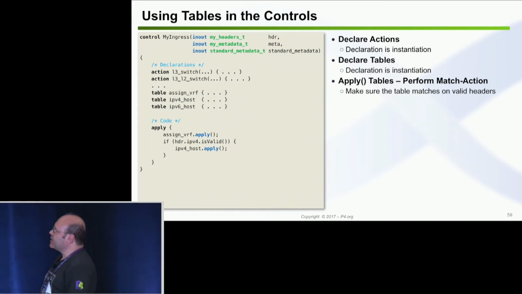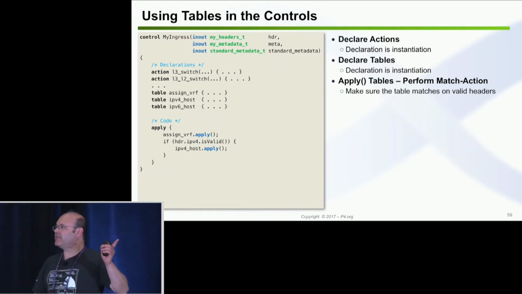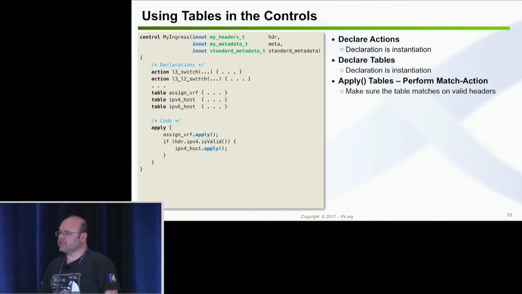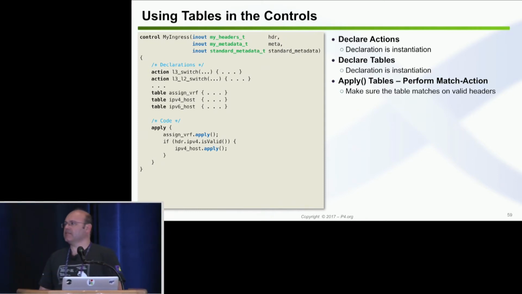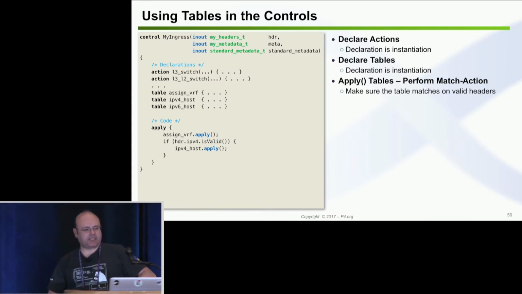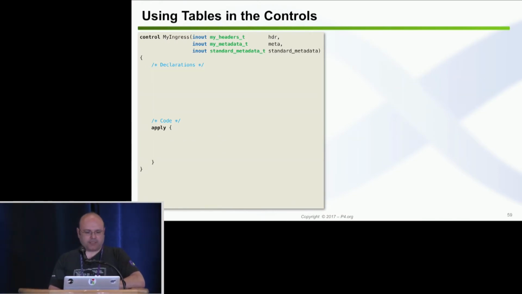Can you define an action inside the big apply? Can you call an action? Yes, absolutely. That's what we did on the previous slide, remember? The question is where the directional arguments for the functions come from. The answer is the directional arguments are just objects that you have on your data plane. So, for example, in this particular case, let me go back to the previous slide.